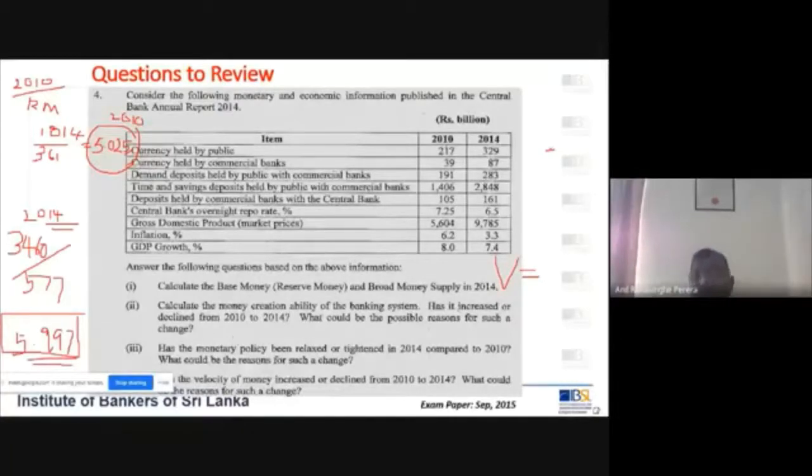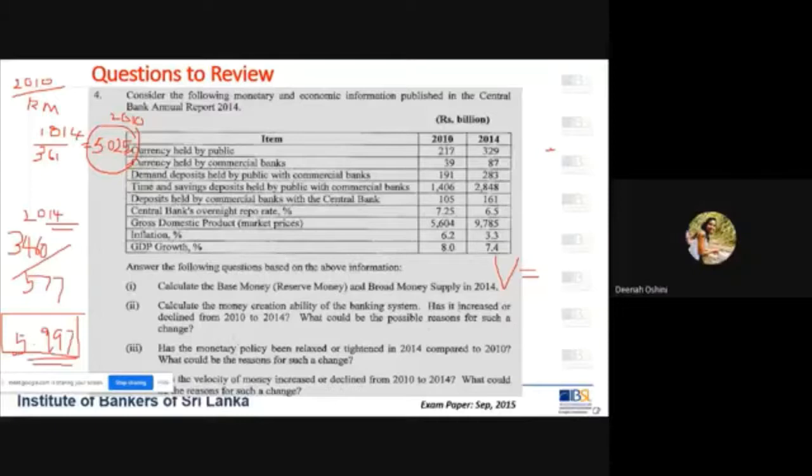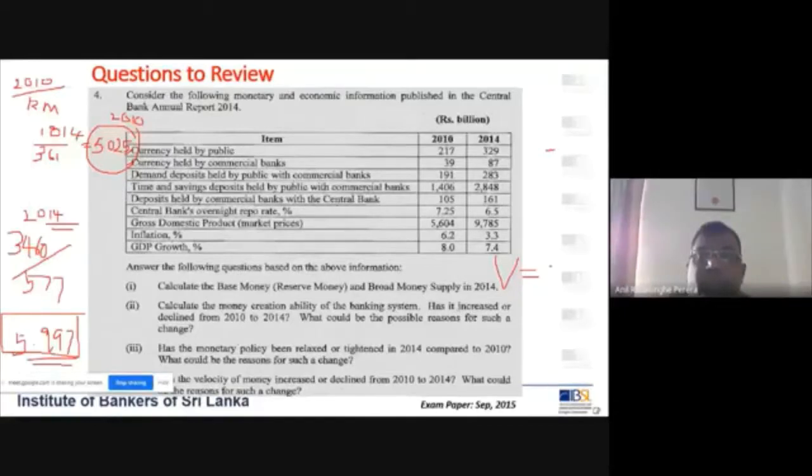So how do you calculate velocity? That's the first thing we should know. How do you define velocity? Does anyone remember? I think I have done an explanation based on central bank actual data during our session. Does anyone remember how to calculate velocity? GDP divided by money supply. Okay, I hear a couple of answers.